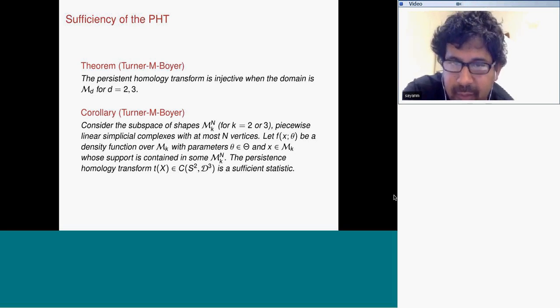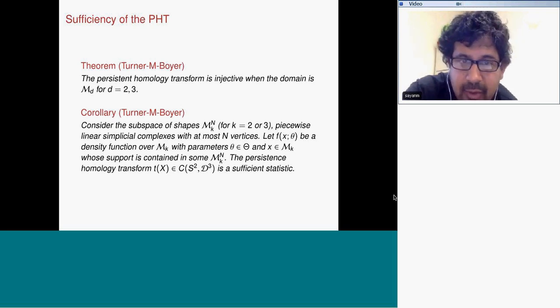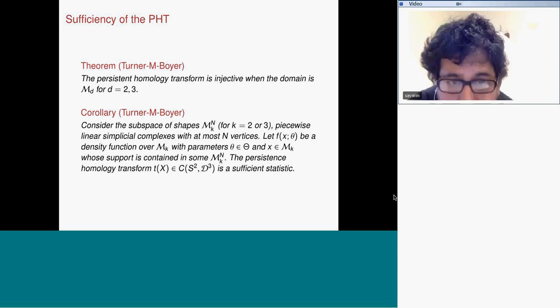If we have a subspace of shapes, let's say in 2 or 3 dimensions, and these are linear simplicial complexes with n vertices, with a density function over the space of meshes of dimension k with n points, the homology transform is a sufficient statistic.